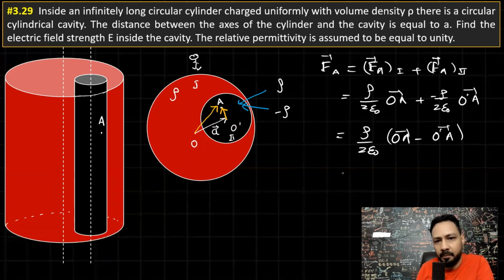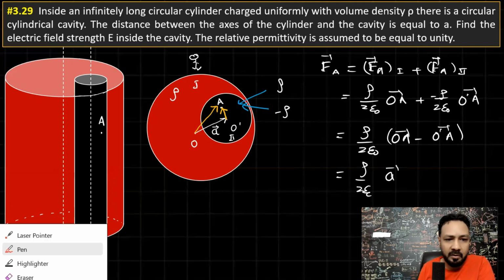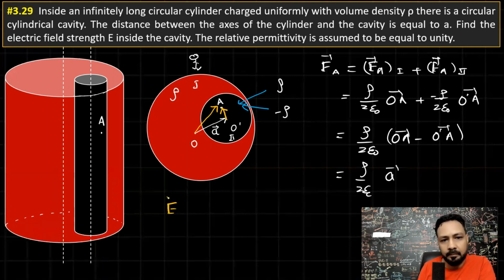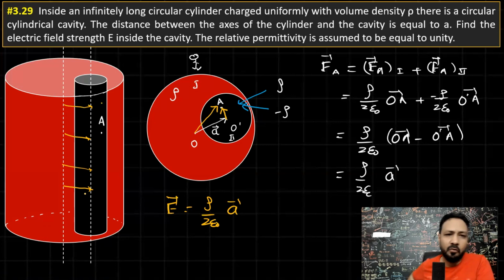So we will have rho by 2 epsilon naught vector a, and that is our answer. Once again, we have got that this electric field is uniform at any point inside the cavity region. Wherever we are, the electric field is along this same direction. So we are getting a uniform electric field inside the cavity.